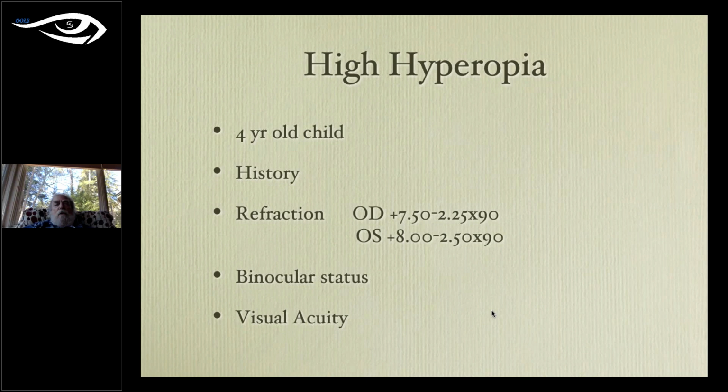What do I do to try to relax that and get a better estimation? I will put high plus lenses in front of both eyes. I will hold +4s, +6s in front of both eyes, and then begin my retinoscopy and keep pushing more plus until I find neutrality in those individuals. I'll see it by the pupil getting larger as the accommodation is being relaxed, and I'll be able to push more plus that way.